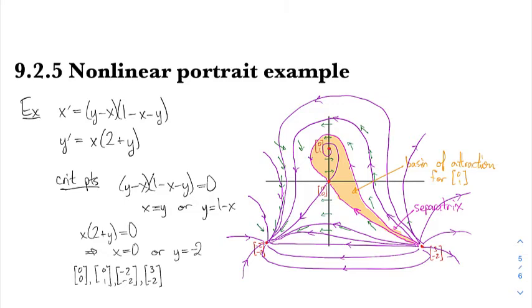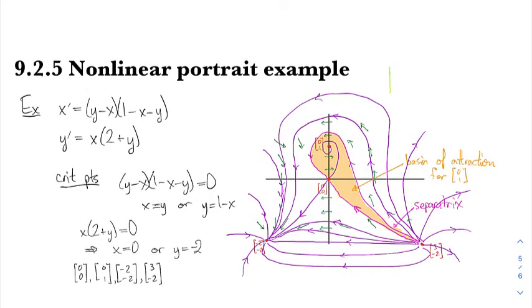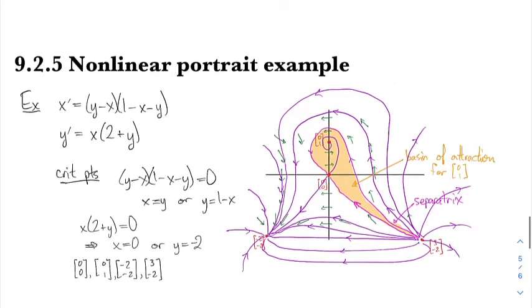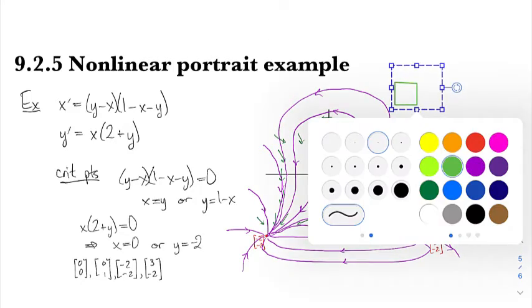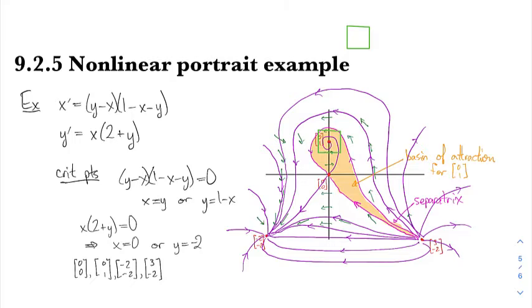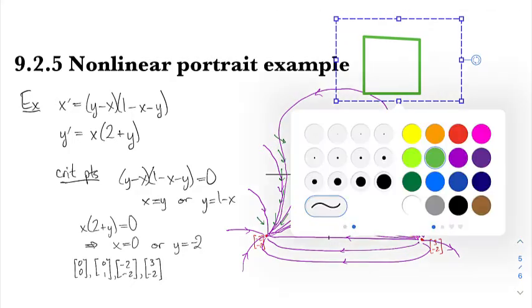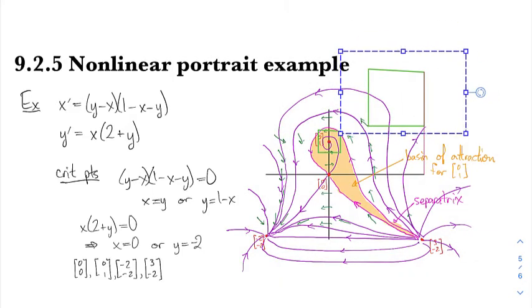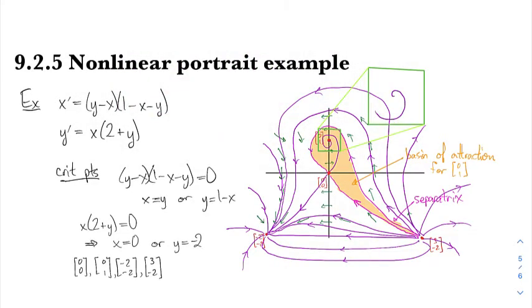So now let's see what's going on. If we look up close and personal at this guy, it actually looks like a spiral point.